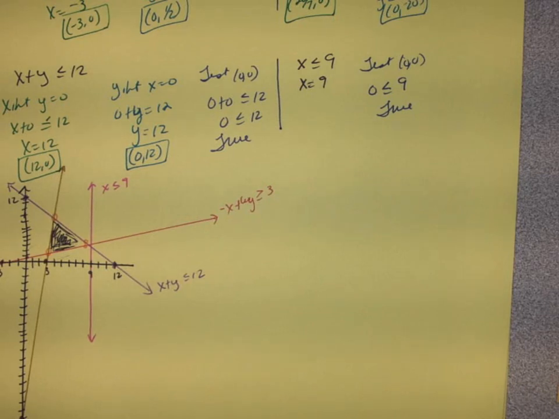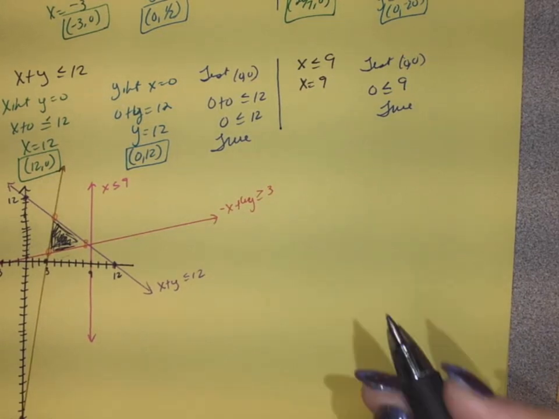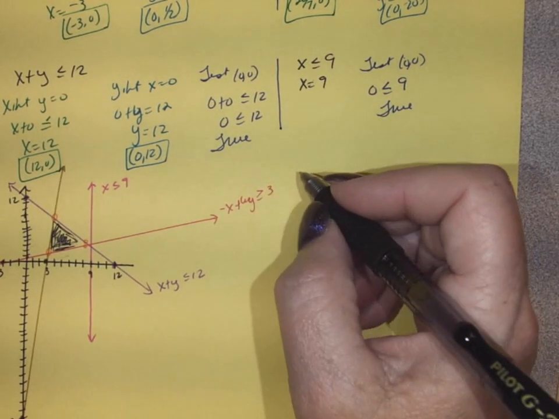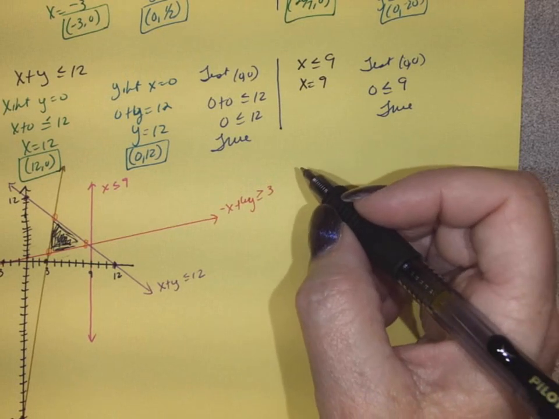Now, like I said, you could use the calculator to do the homework, but you got to know how to do this in order to do the test. Now the test, I won't have you find this many corner points, but you might need to find one like we did in 5.2.